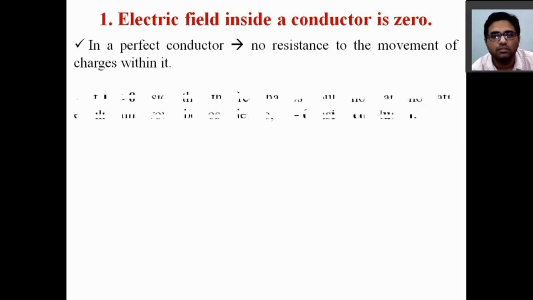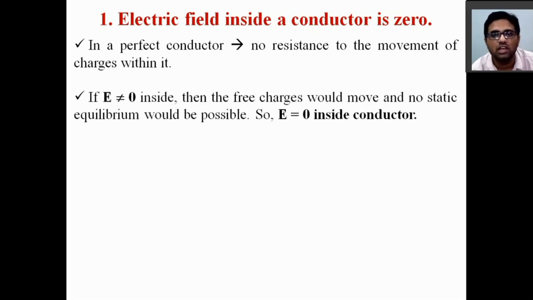If the electric field is not equal to 0 inside the conductor, then free charges would move inside the conductor and no static equilibrium would be possible. So, we can establish that the electric field inside the conductor is 0.